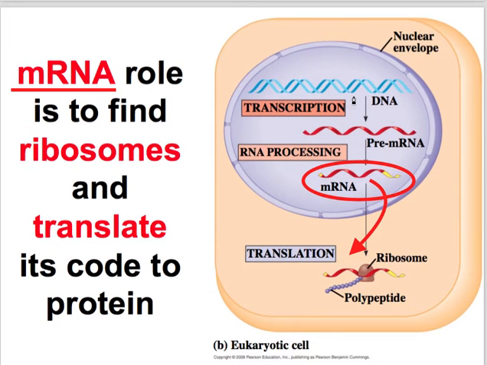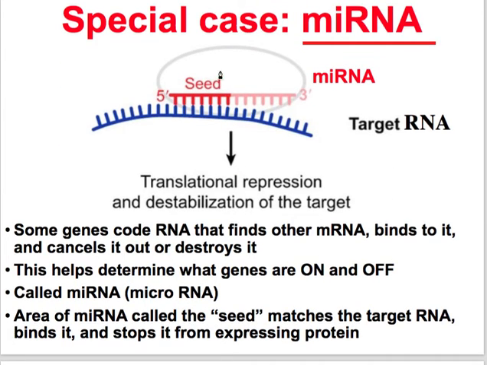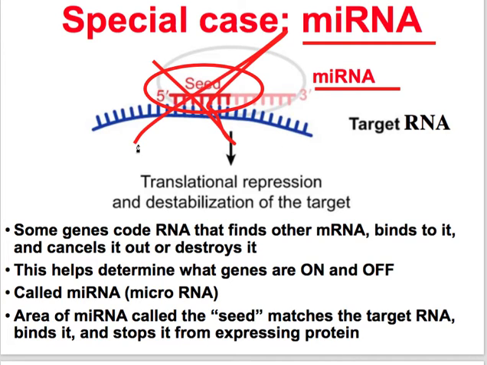If you want to turn a gene off, for example, in a cell, you can actually create what's called a microRNA that is going to complementarily bind to this specific RNA here. It's going to bind it up, see, like that. If this is bound up by another nucleotide sequence, it's not going to be able to translate. So that's what's happening right here: there are certain genes that only code for RNA that goes and finds other RNA that's trying to express, and it basically just shuts it down, right?